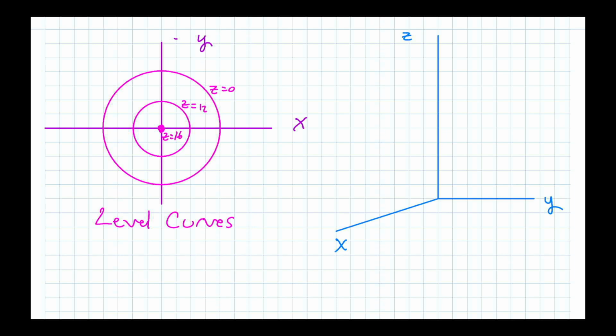This curve here is saying that at z equals 0, which is the ground floor here, we should have a circle with radius 4. So you draw your circle with radius 4 down here, something like that would be what you got. So this is your z equals 0 level curve.